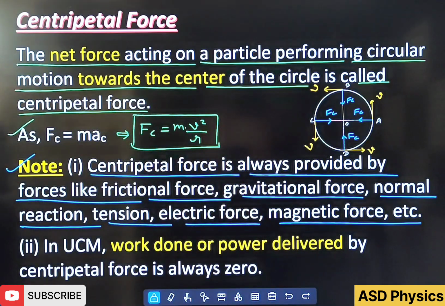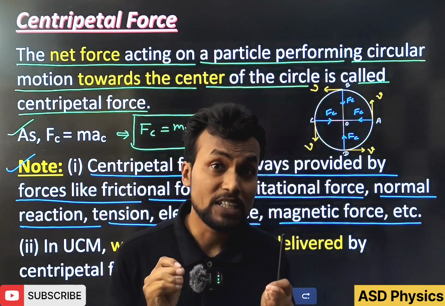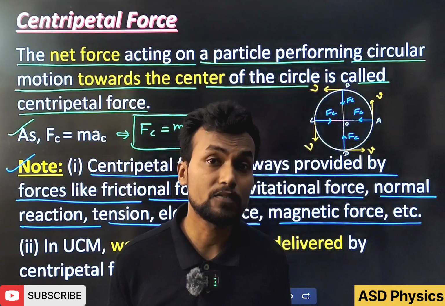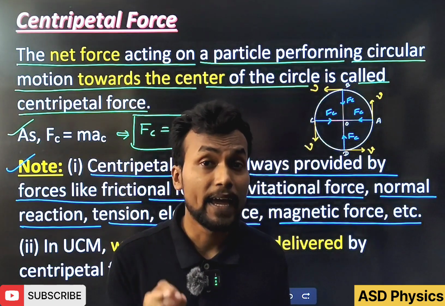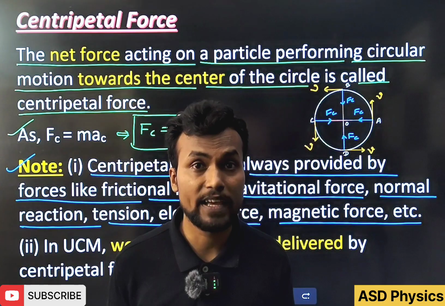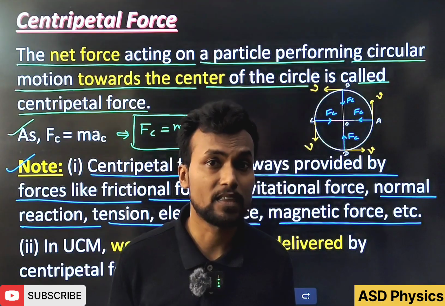So remember that for each and every circular motion, whether uniform or non-uniform, centripetal force is compulsory. How much? mv square by r. And this force is provided by some external agents, like we have seen spring force, tension force, gravitational force, magnetic force, electric force, all this.